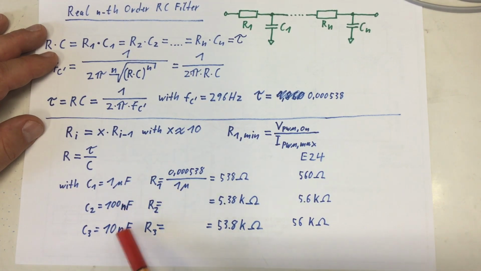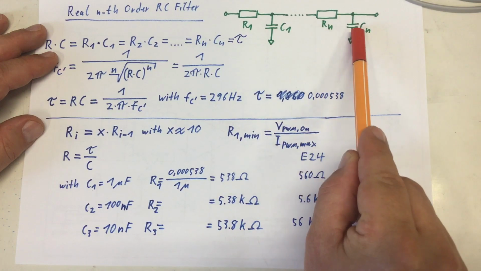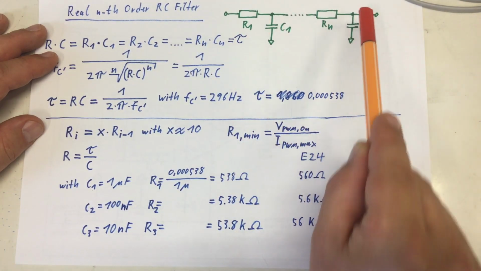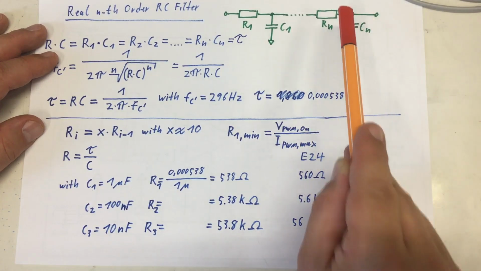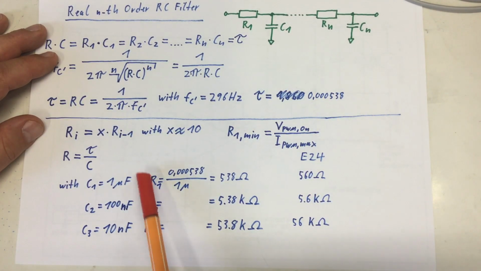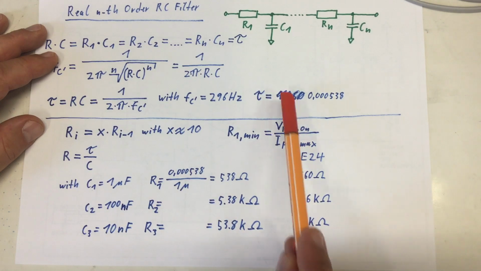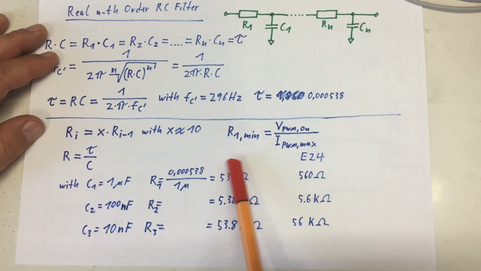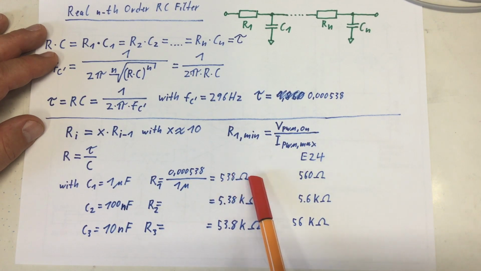So 10 times smaller in each stage. That in turn makes each resistor in each stage 10 times larger. And the first resistor, R1, that's our tau 0.000538 over 1 microfarad, that gives us 538 ohms.